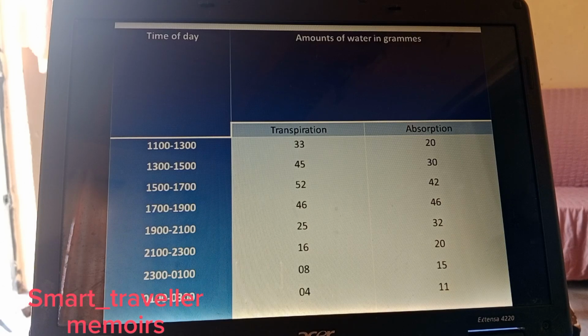The amount of water was at 3 grams. Absorption was 20. 13 to 15, 45, 30. 52, 42. 15 to 17. 17 to 19, 46, 46. They were equal.